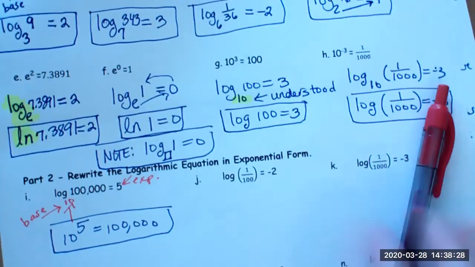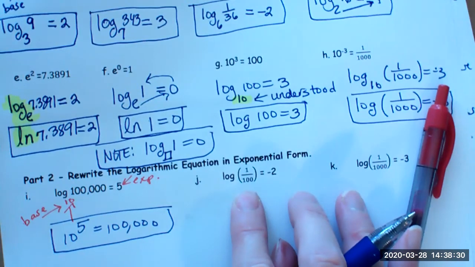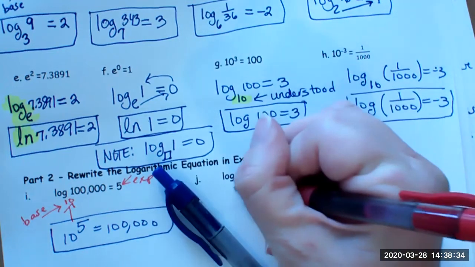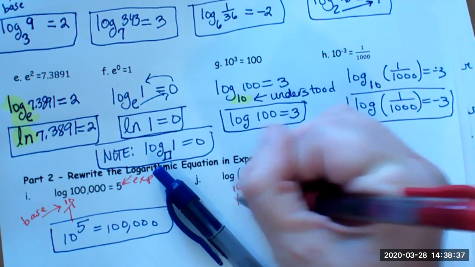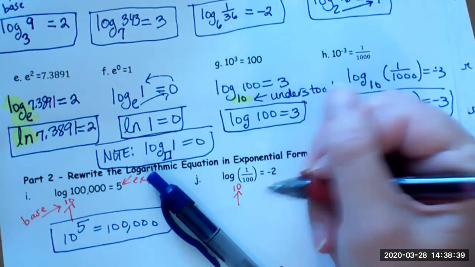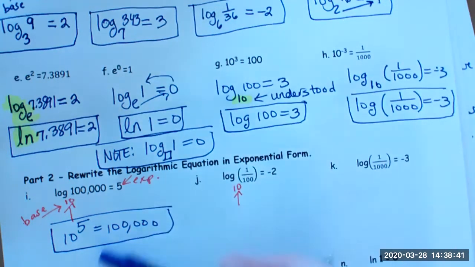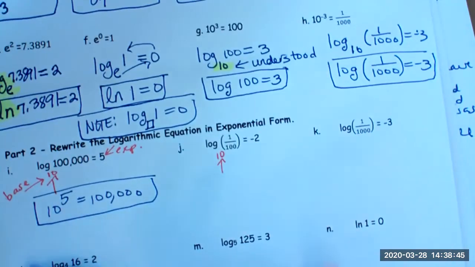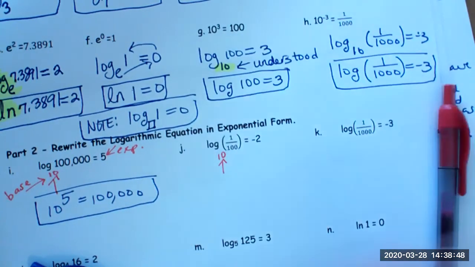If we look here, we've got log of 1/100th is equal to -2. Again, let's put that understood base 10 in there. Now, we're not always going to have to put that understood base 10 in there. You're not always going to have to write it because you'll get used to it and you'll immediately be able to write the exponential form without doing that. But for right now, I'm filling it in for you.